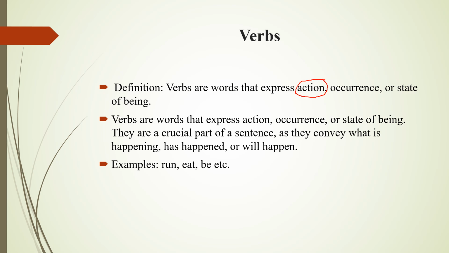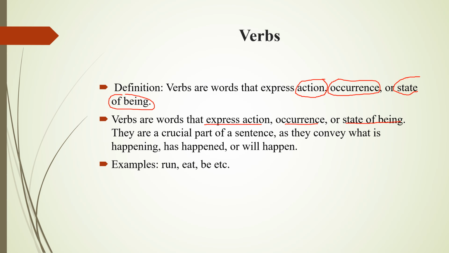So walk is indicating towards action. Occurrence, something that is happening, or state of being, the state in which a thing or a being is there. So if we want to say, in other words, we can say that verbs are words that express action, occurrence or state of being.